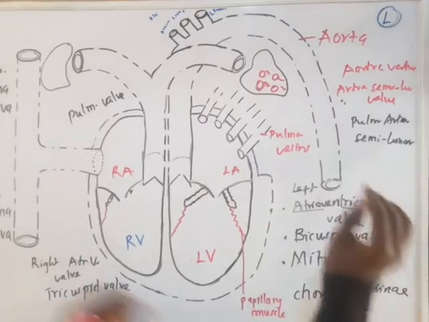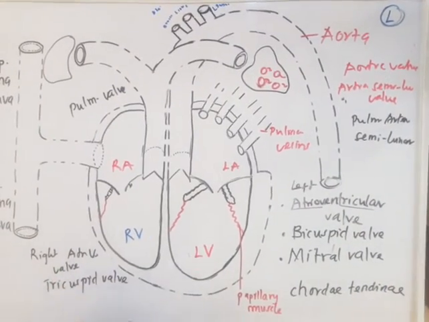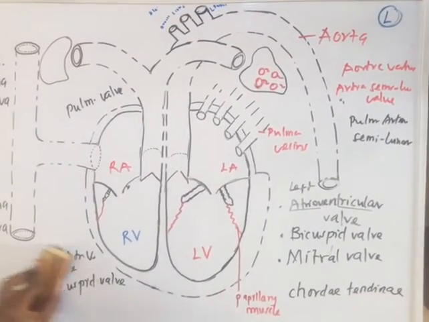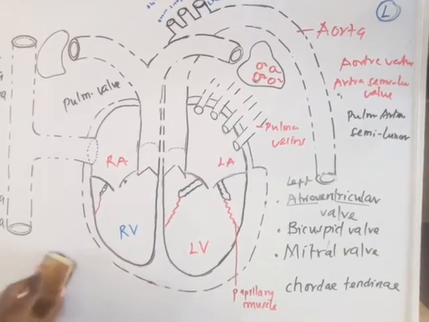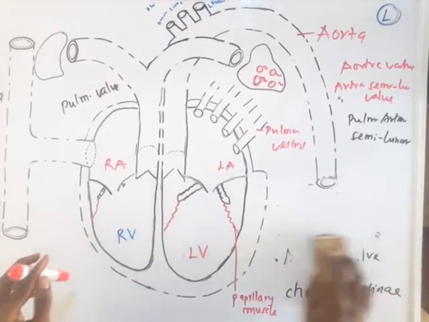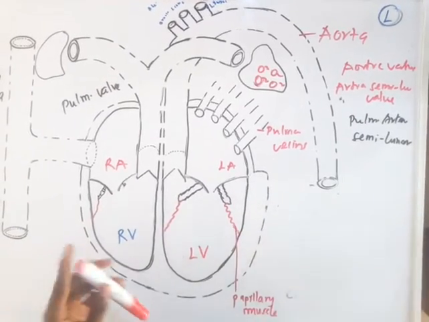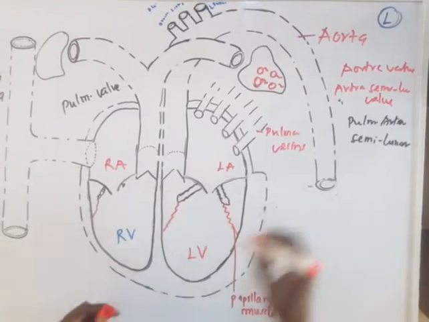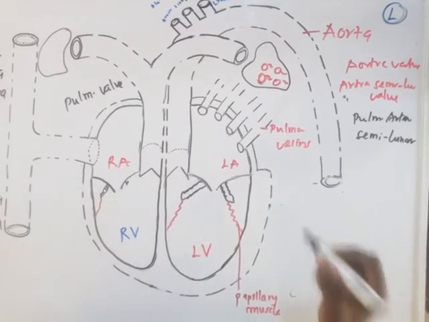Descending aorta, clearly. Great. Now, we have deoxygenated blood, and we have oxygenated blood.